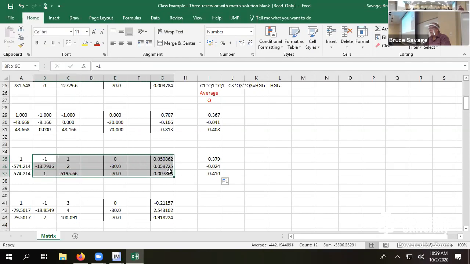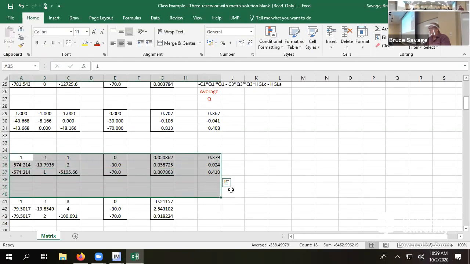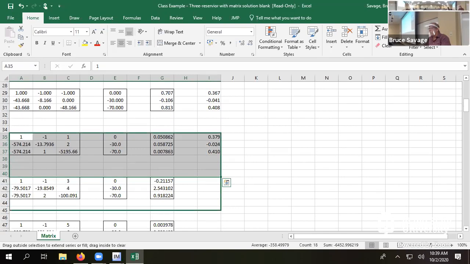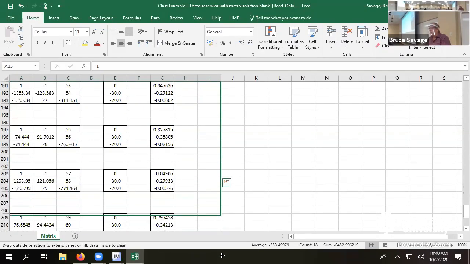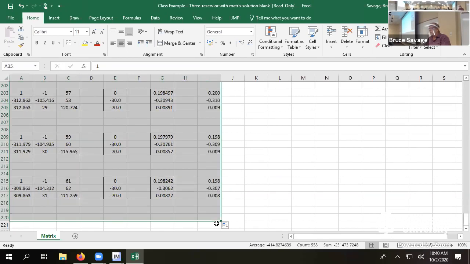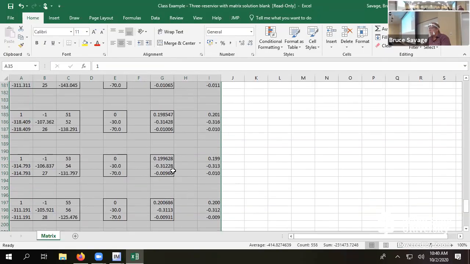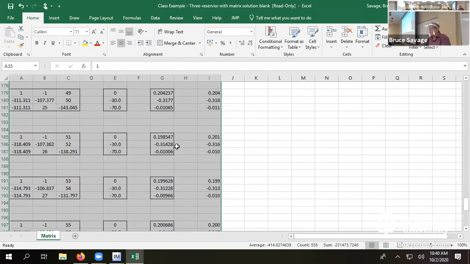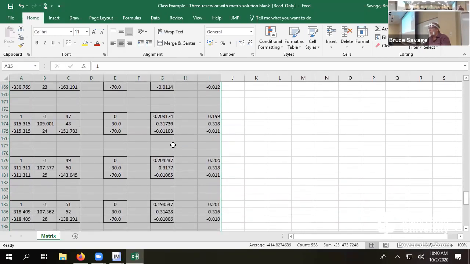Now I can grab this whole thing, including my spaces, and drag it down, as far as I did the other one. And you'll notice that those now have fallen right in line with each other. In fact, they fell in line pretty much to the third decimal way back up here.